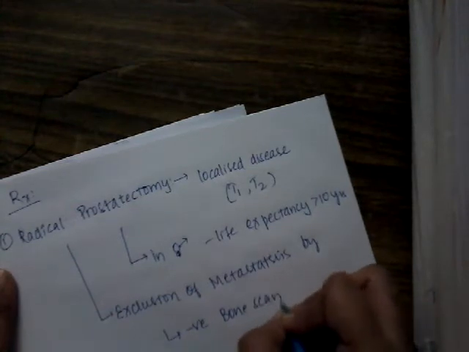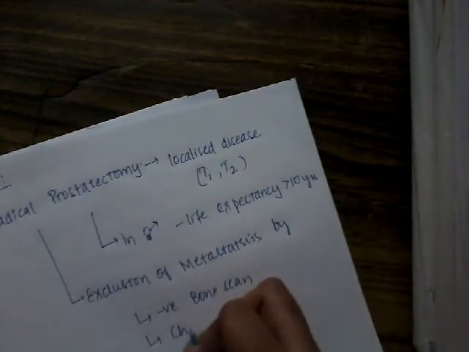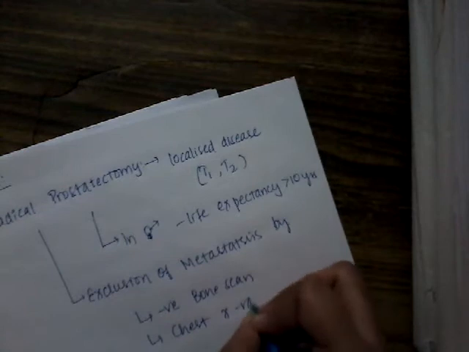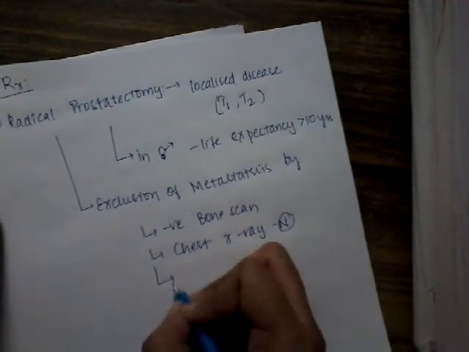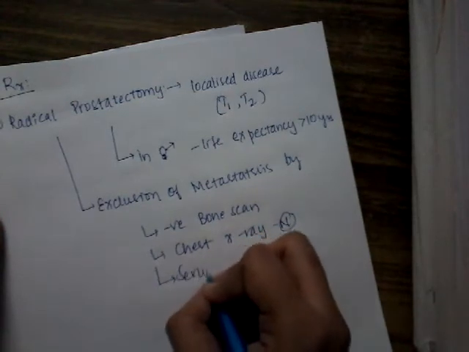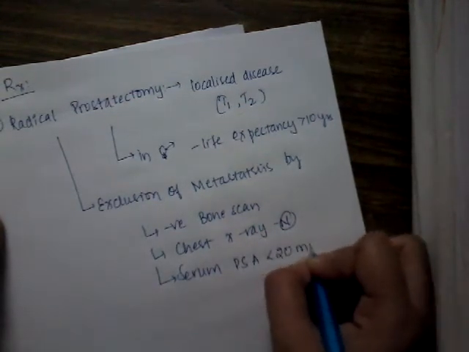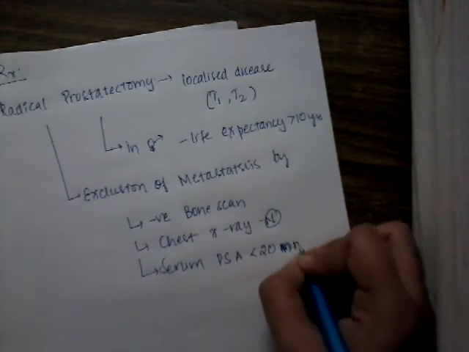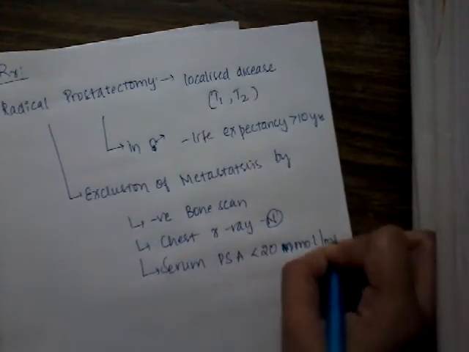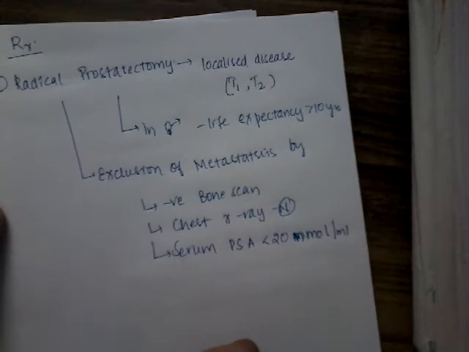By negative bone scan and chest X-ray should be normal. There should not be any metastasis. And then serum prostate specific antigen should be less than 20 nanograms per milliliter.